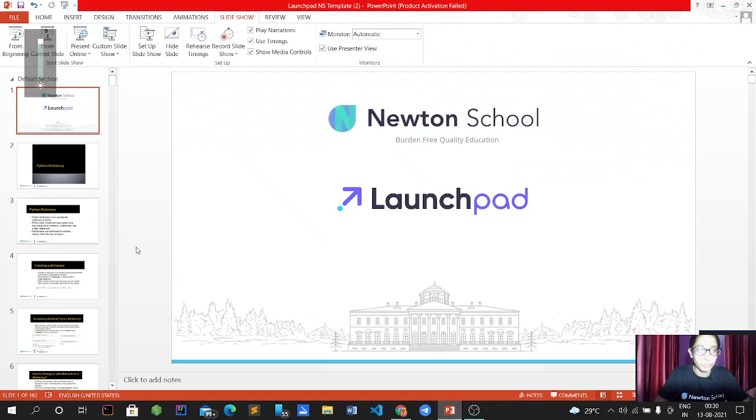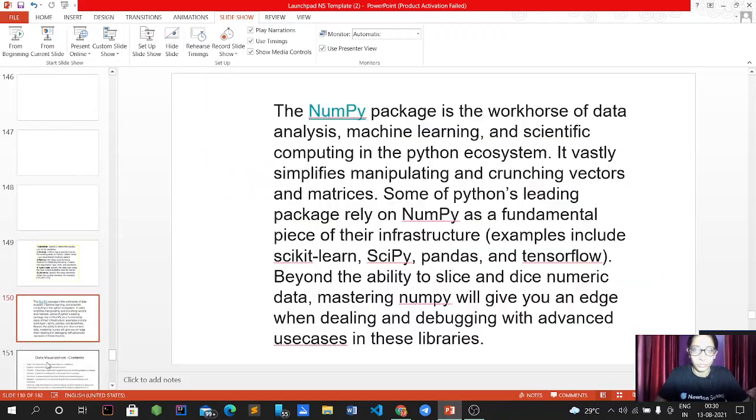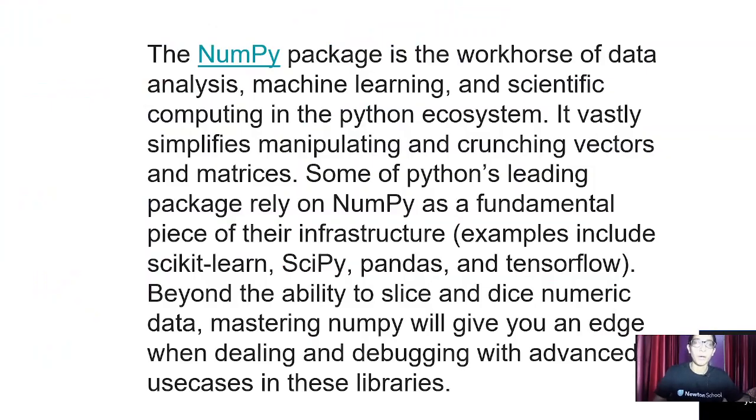Okay, let's move to the concept of today, that is data visualization. Data visualization in NumPy is done with the help of different aspects of visualization which we have been using since class 6 and normally in our math section.